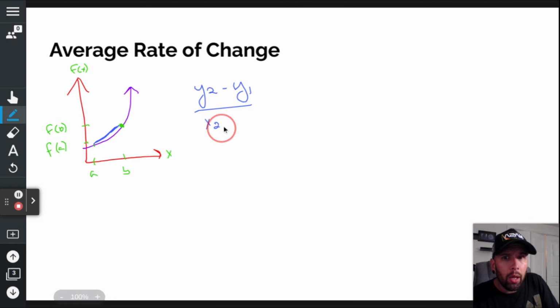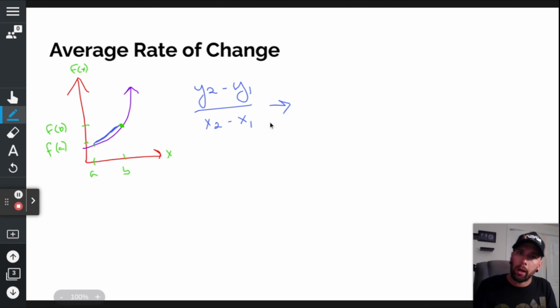However, in AP Pre-Calculus, we rarely use the slope formula. Instead of x sub 1, y sub 1, we use the point A, f of A. And instead of x sub 2, y sub 2, we use the point B, f of B.